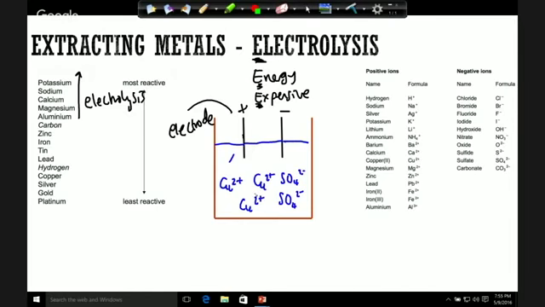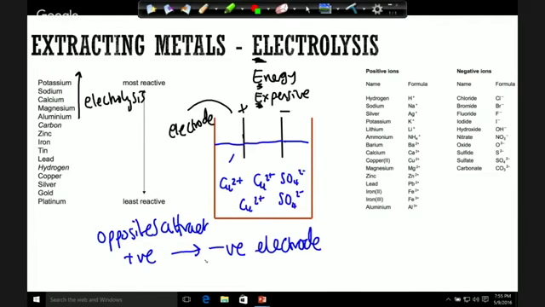And for electrolysis, the key process that we need to remember is that opposites attract. So the positive ions will move to the negative electrode, and the negative ions will move to the positive electrode.